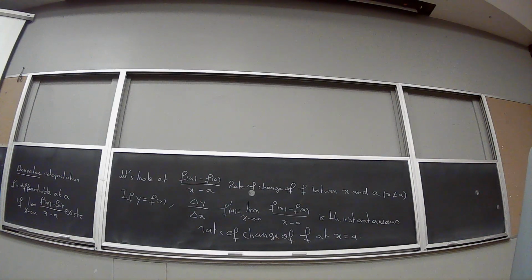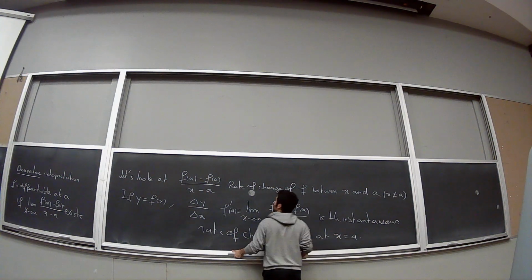Okay? What's a graphical interpretation of this rate of change? We gave it, if you remember, at the beginning. It's a tangent line. f prime of a is a number, the tangent line is a line, so these are two different things. But how do they relate? It's the slope of the tangent line.